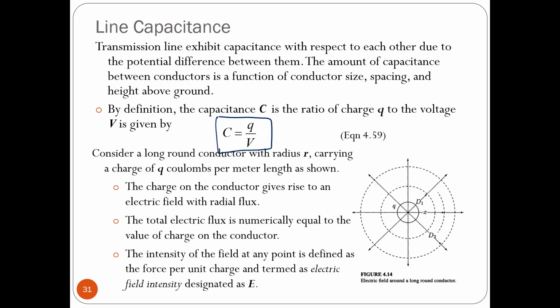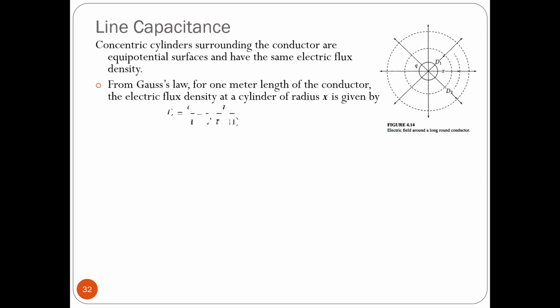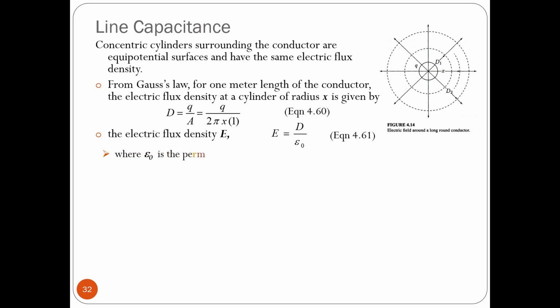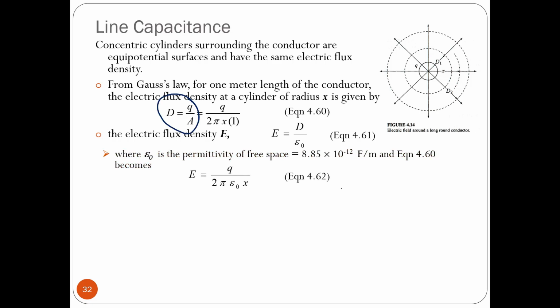And just now we looked at B, which is magnetic flux density, or magnetic field intensity H. Now we look at electric field intensity, which is E. So from Gauss's law, the electric flux density D is Q over A, as shown here. If we expand, because this is a cylinder, it's Q over 2 pi x, which is the cross-sectional area.